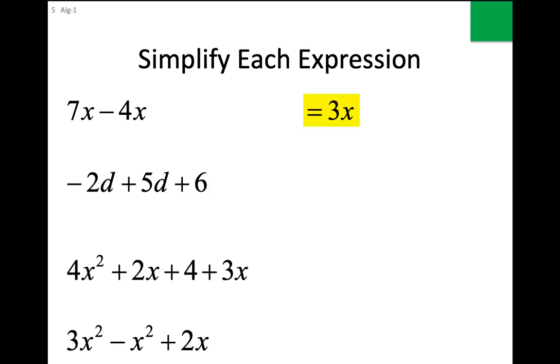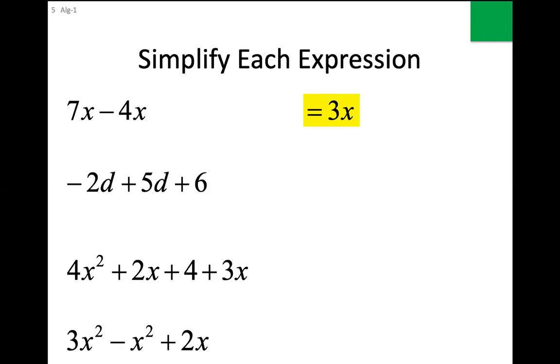What we're doing is combining a 7x and a minus 4x. In other words, from 7x, I'm subtracting 4x. Combine like terms literally just means take the terms that are like each other and group them together.